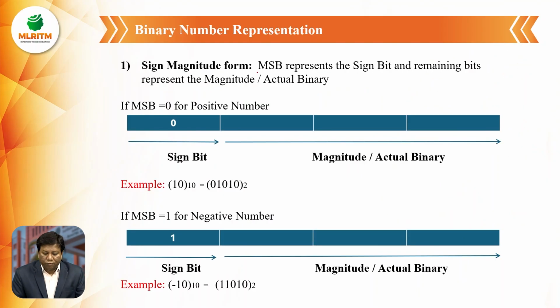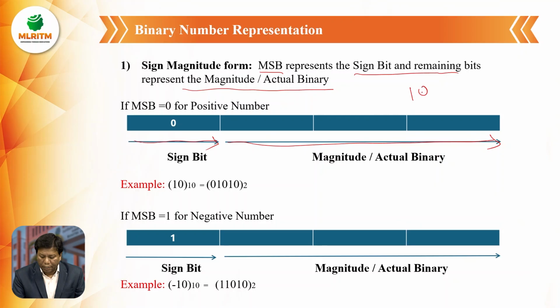In sign magnitude form, the MSB, which stands for most significant bit, represents the sign bit, and the remaining bits represent the magnitude or actual binary. For example, if MSB equals 0 for a positive number, the sign bit is 0, and the other bits represent the actual binary, or magnitude.